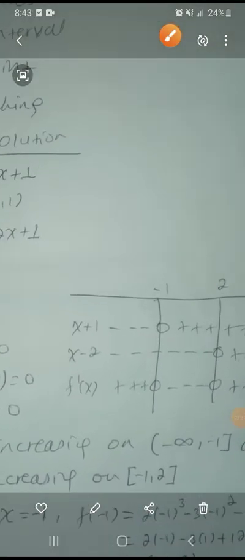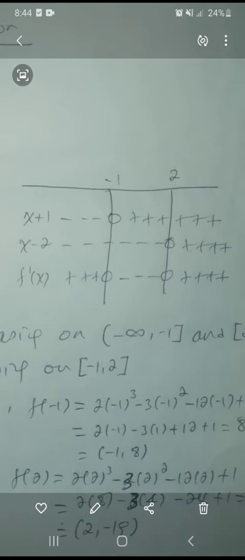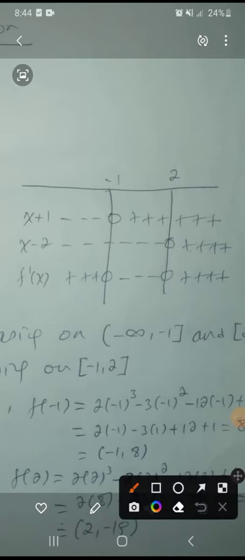The other thing is local extremes. As you look at the sign chart, the first derivative changes sign from positive to negative at x = -1, so f(-1) is a local maximum. So the local maximum is at (-1, 8).